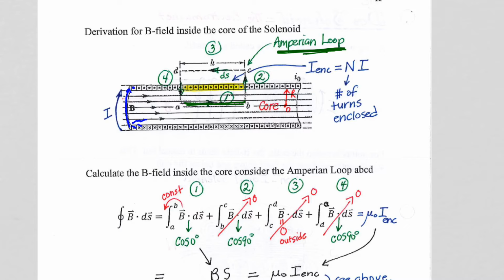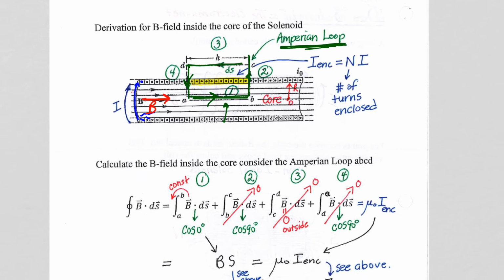And then we go perpendicular up, outside the solenoid, and then we complete our rectangle on the far side. So counterclockwise loop, and you definitely want to have one side of the rectangle parallel to the B field inside the core. So we get our B field here.